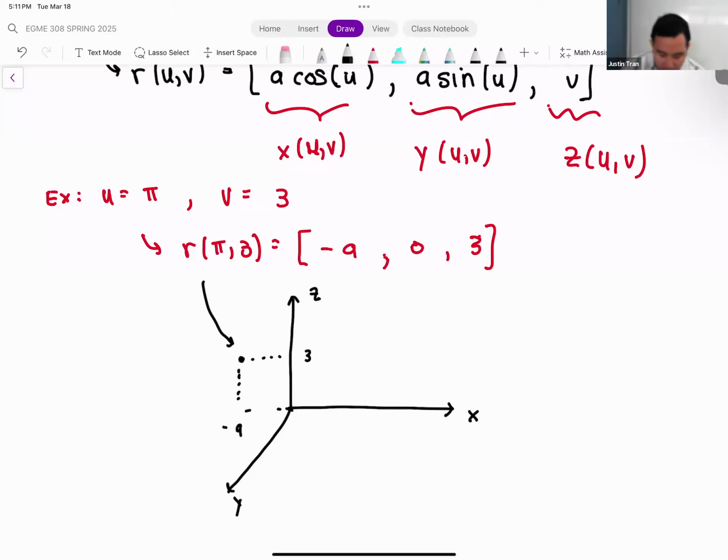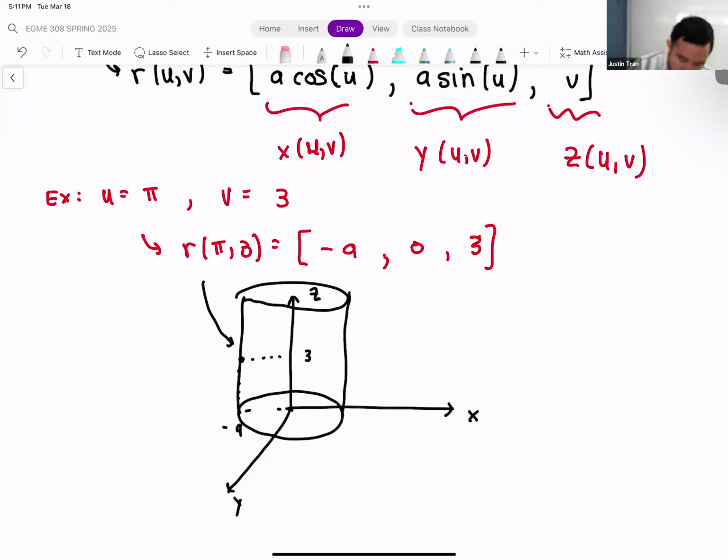And if you draw the cylinder, it kind of looks like the following. It's a cylinder that goes up in the z direction. And this point that we defined, pi comma 3, sits on the exterior of the cylinder, kind of on the left side.